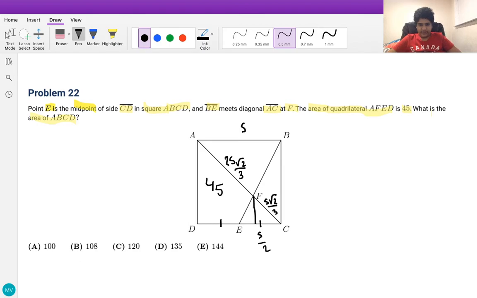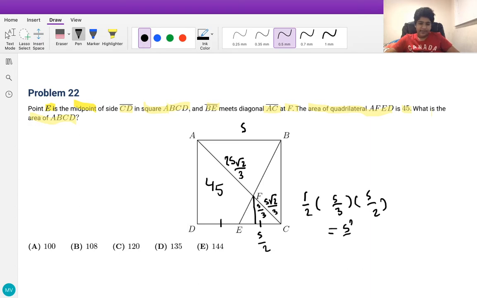So we know that the altitude is just going to be S over 3, which means that the area of this entire triangle, EFC, is 1/2 times S over 3 times S over 2, which is just equal to S squared over 12.